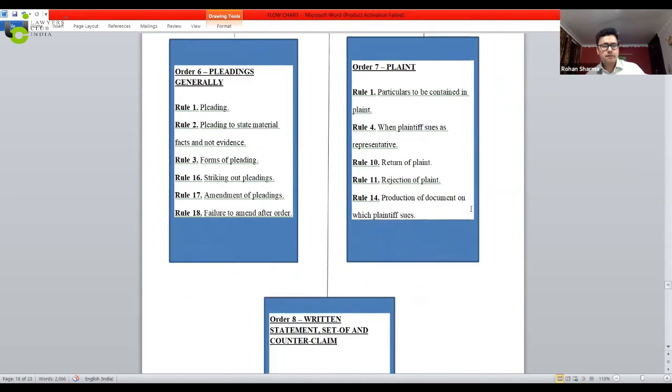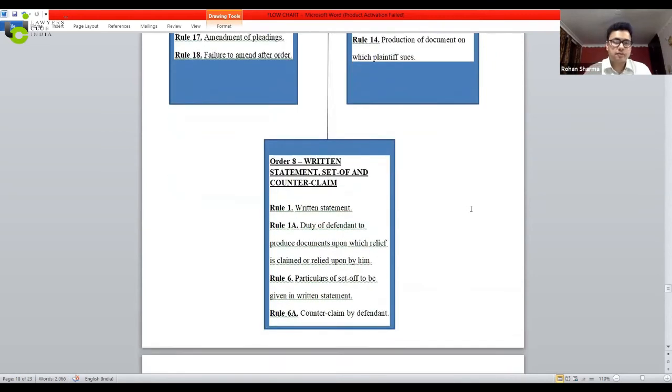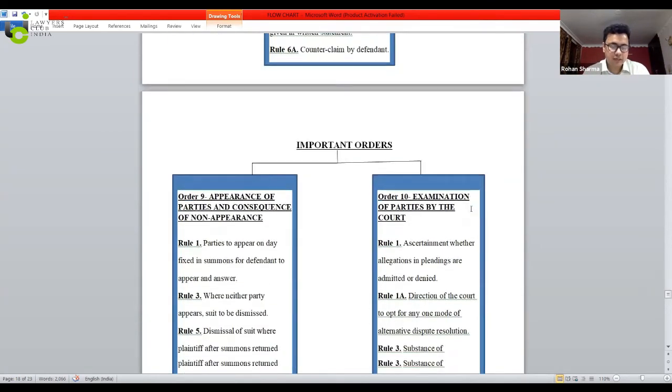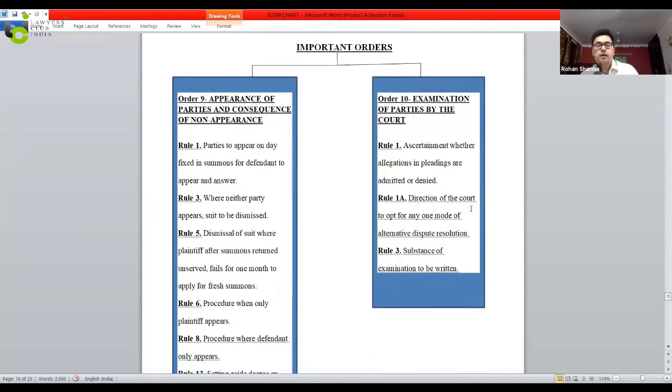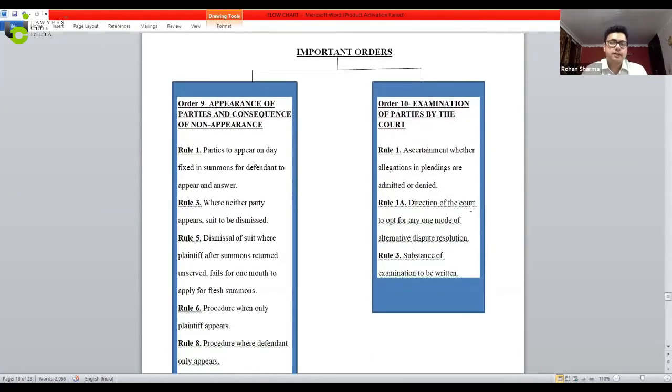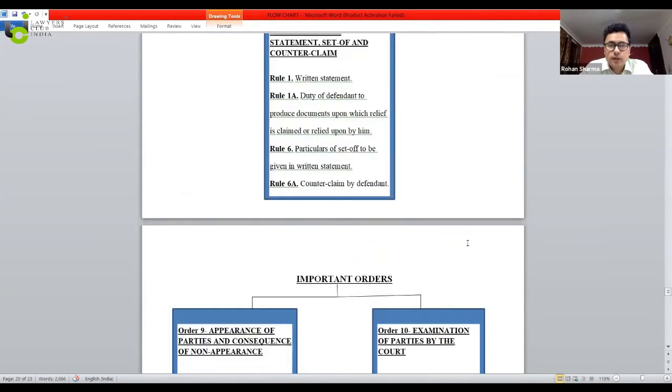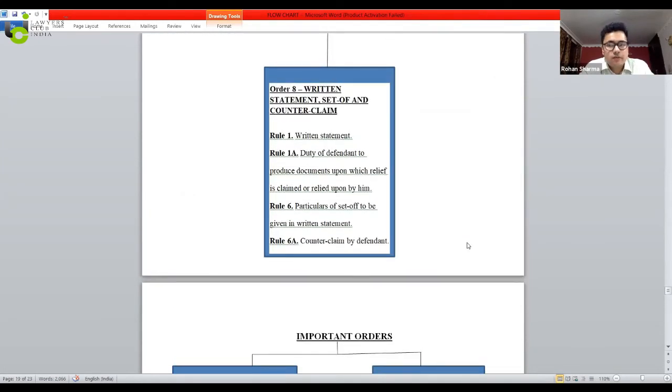Now, these specific orders we have already dealt with when we were dealing with the plaint, your form of pleadings, the form of plaints, your form of written statement, set off, and counterclaim. Again, written statement is, as you all know, the reply which the defendant could file to your plaint.